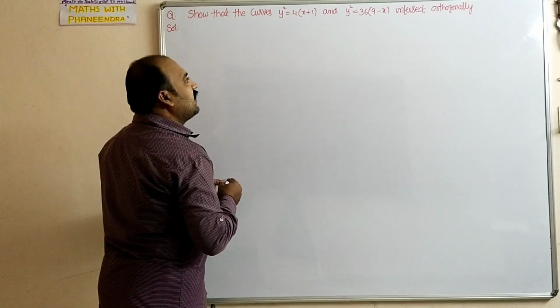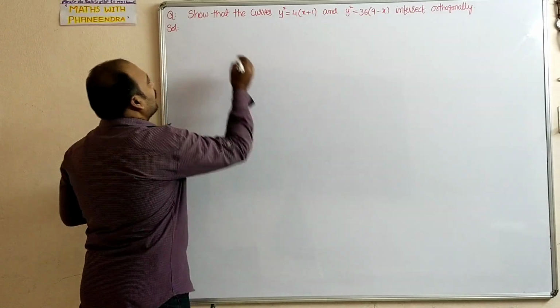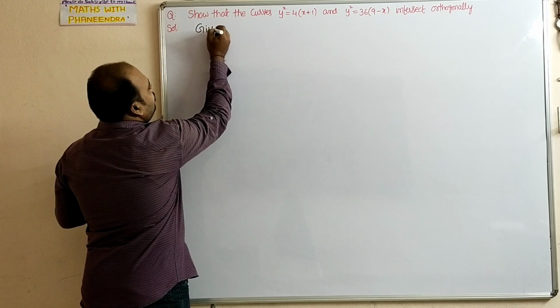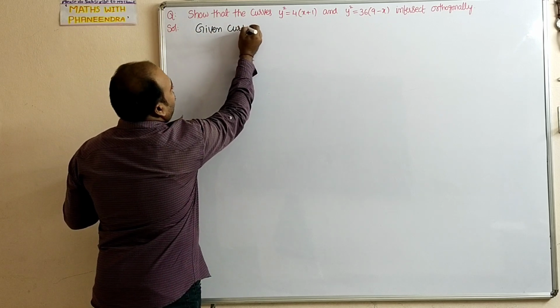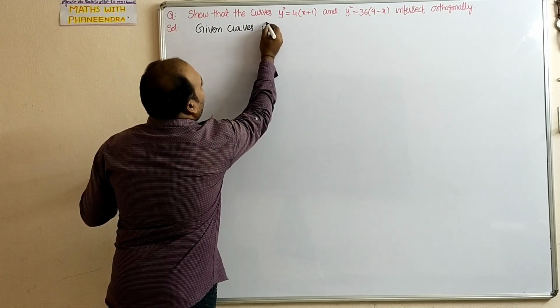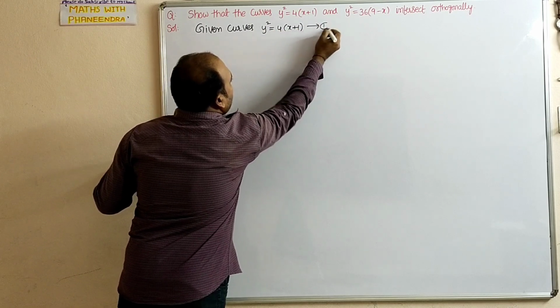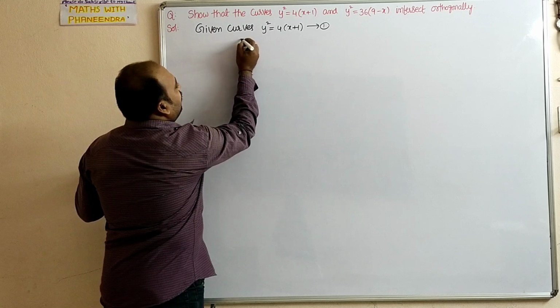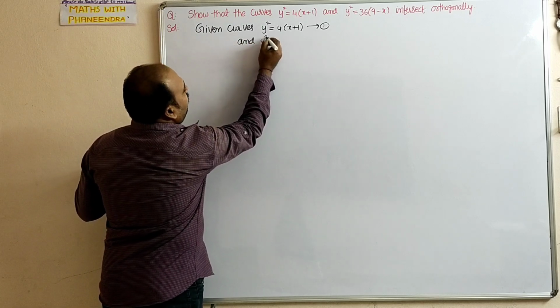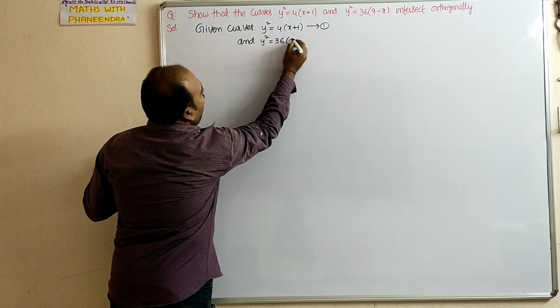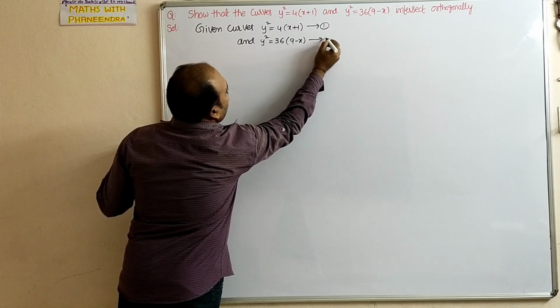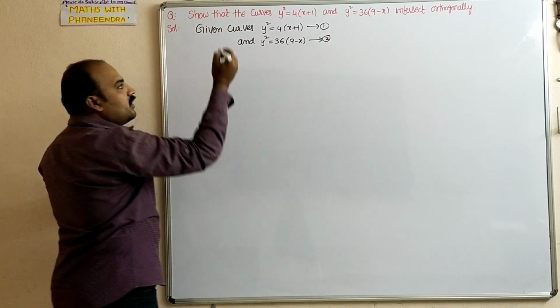First step, given curves. y square equal to 4 into (x plus 1), keep that as equation number 1. And the second curve, y square equal to 36 into (9 minus x), equation number 2. Solving 1 and 2.